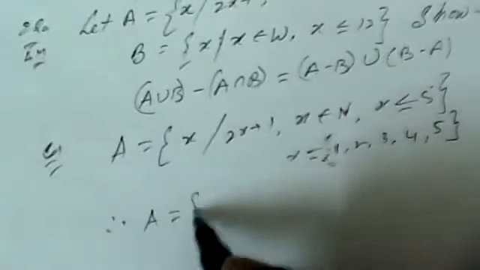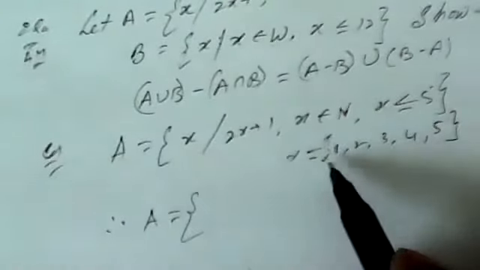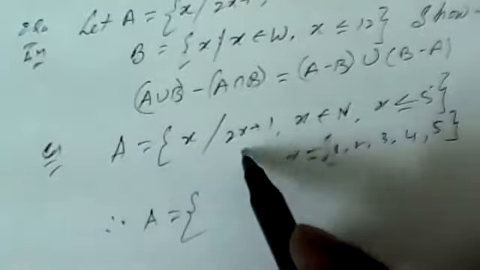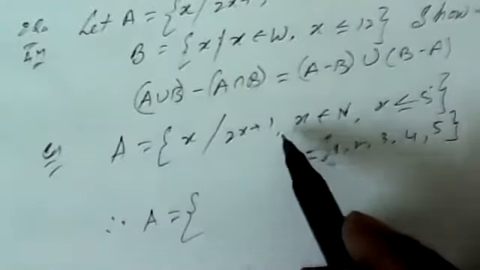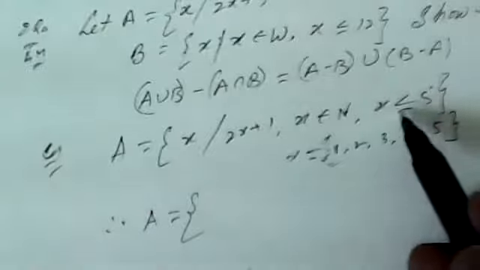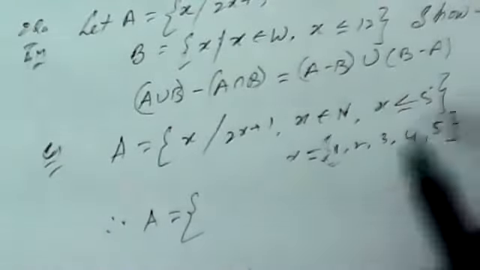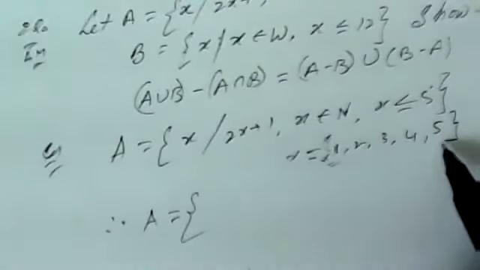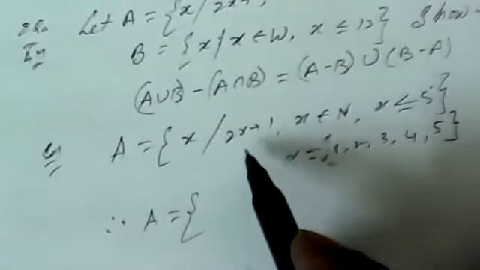Therefore your set A will contain 2x plus 1 values where x belongs to N and x is less than or equal to 5. That means for all x 1, 2, 3, 4, 5, it takes 2x plus 1 values.